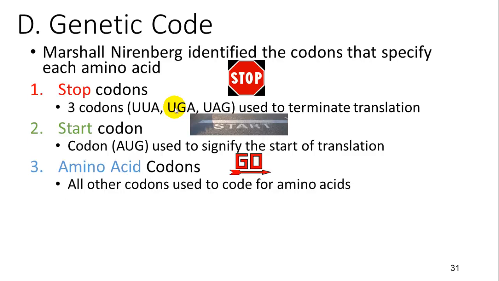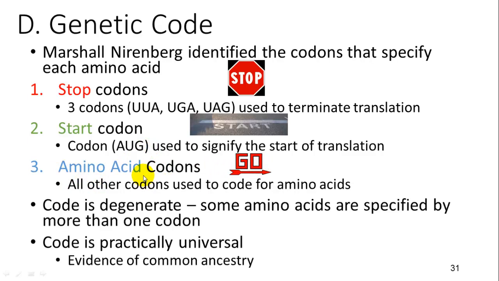From this genetic code, they were able to determine different types of codons and what they meant. There were a few different stop codons. A uracil and an adenine was one of them, and the other ones are UGA and UAG. There was also a start codon, AUG, and then there were many other amino acid codons.